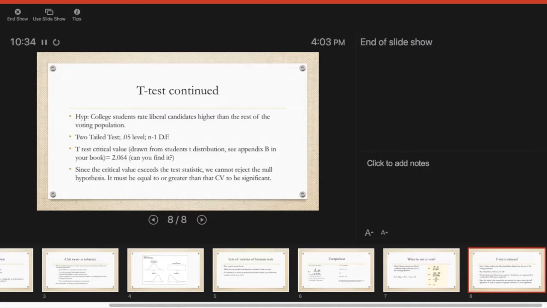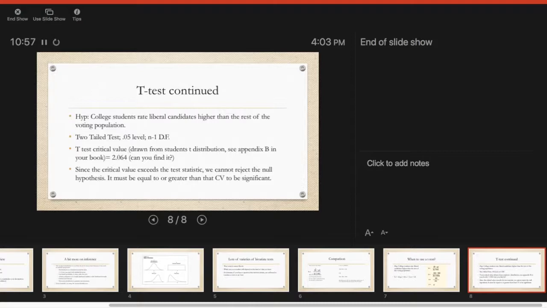So if you slide all the way down to where on that first column it says degrees of freedom, go down to 24 degrees of freedom, and then move your finger all the way over from the 0.10 level of significance to 0.05, you'll find that the number there is 2.064. Did you find it? Take a moment.